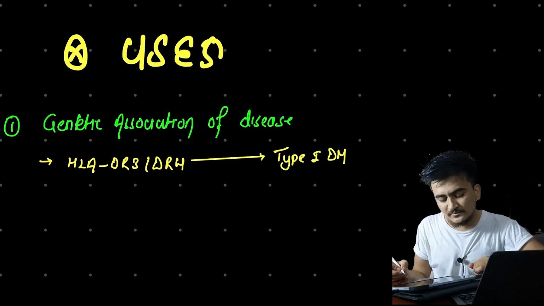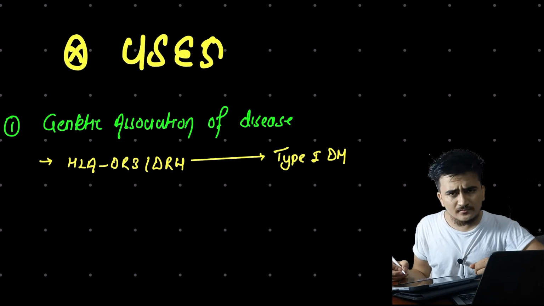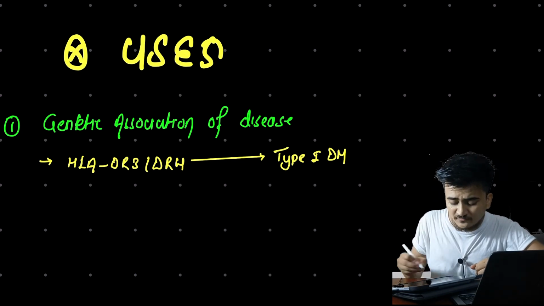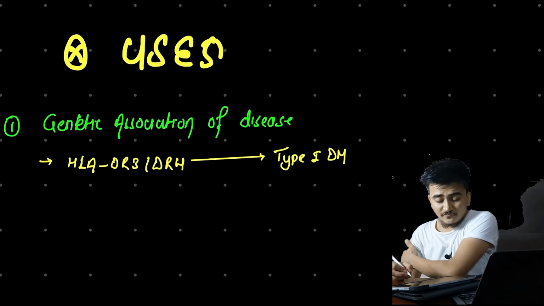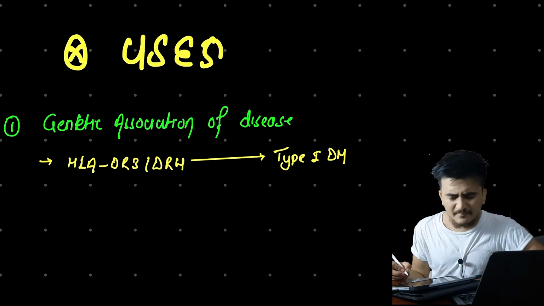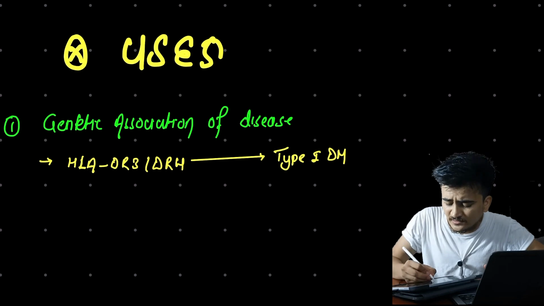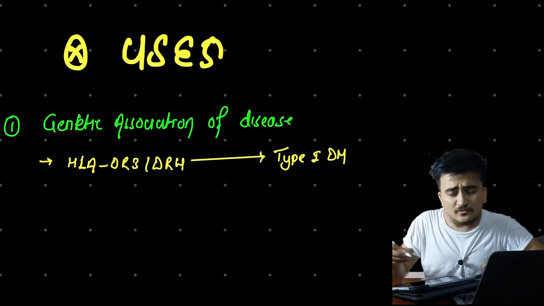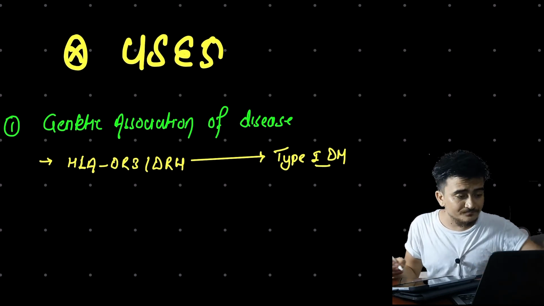That means it helps to associate genetic relation and disease. Where there is the presence of HLA DR3 or DR4 type of MHCs, there will be an association with the occurrence of diabetes mellitus type 1.